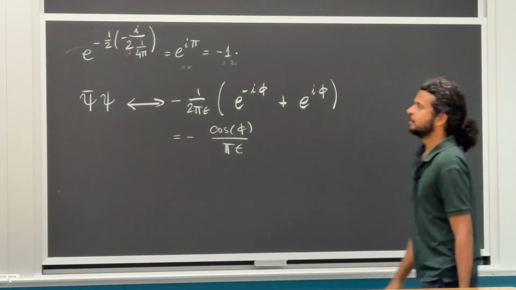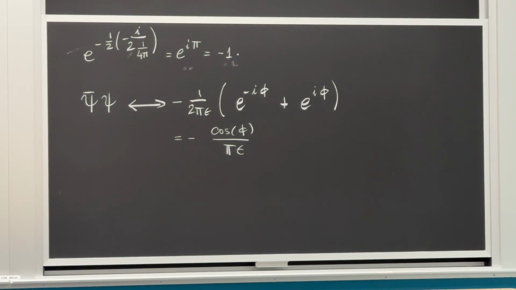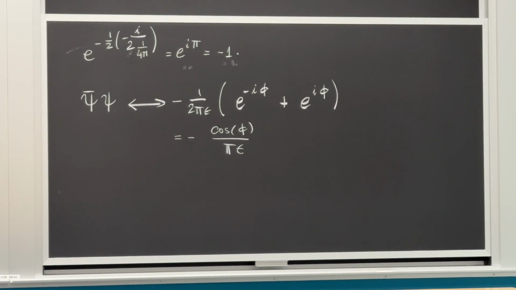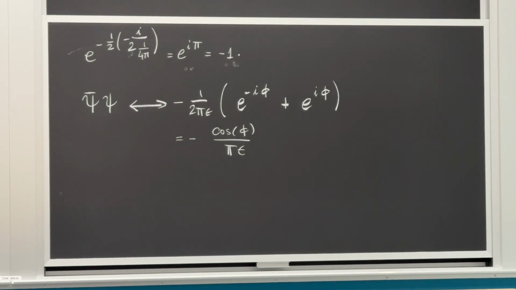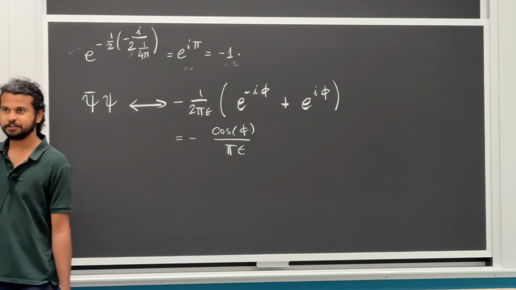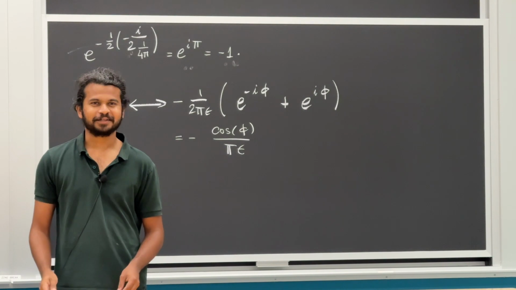So if we do the massive field model, then we have to add minus m over pi epsilon cosine phi. This model is known as the Sine-Gordon model. It's a parody of Klein-Gordon, apparently.